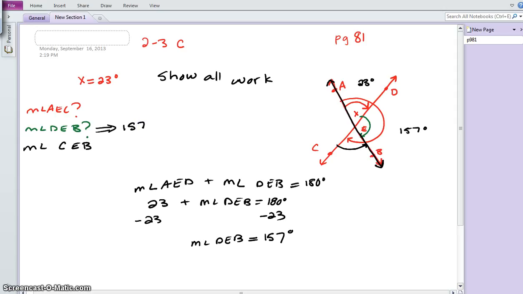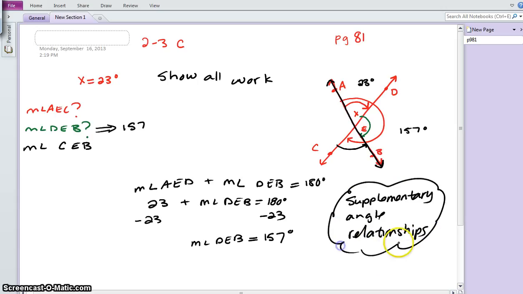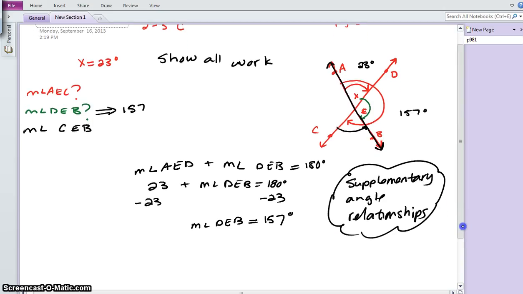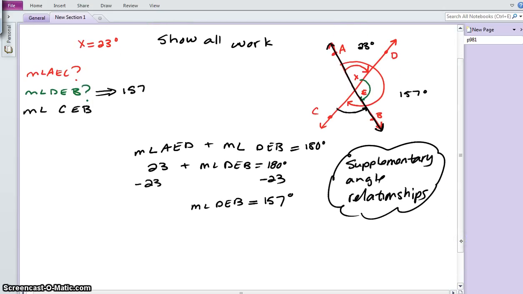And I can work around this figure using the supplementary angle relationships. Those are two angles that add up to 180. Not three angles, not one straight angle, but two angles whose measures combined equal 180 degrees.